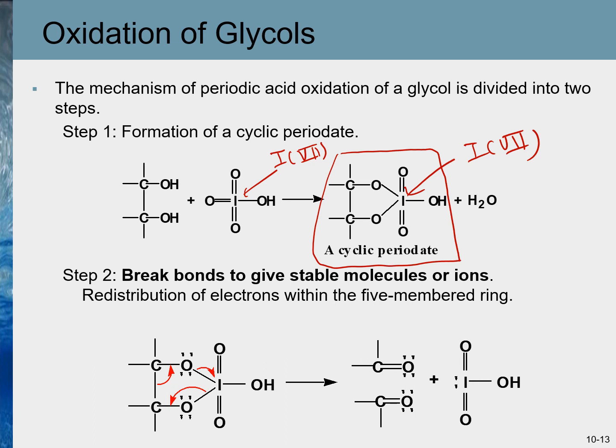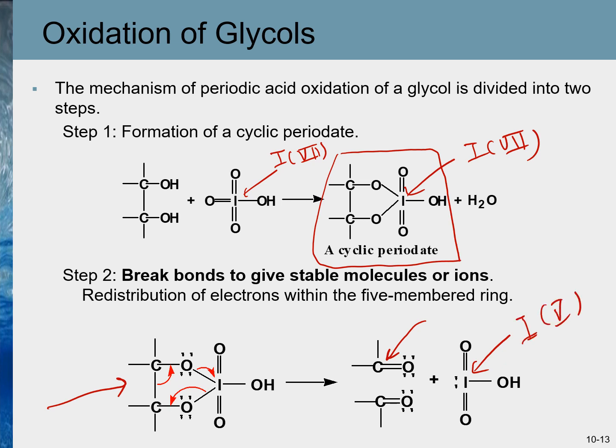Step number 2 involves the redistribution of electrons within the 5-member ring as shown here. And this will result in formation of two separate carbonyl groups, and periodic acid will convert into iodic acid. In this step, the oxidation state of iodine becomes 5.